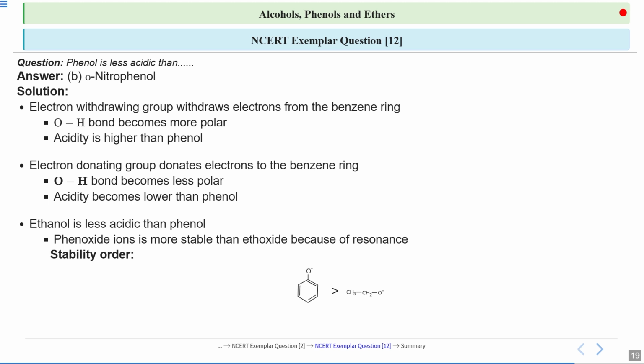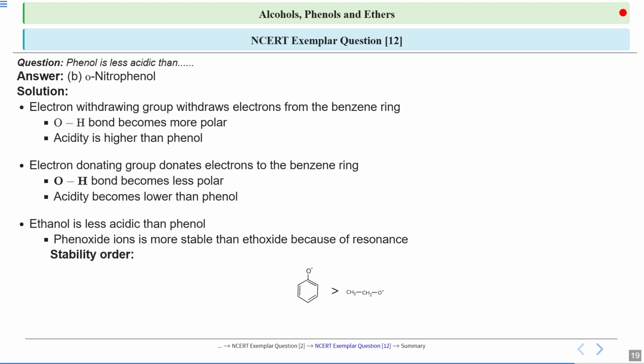So if you can see, this is the stability order between the phenoxide ion and the ethoxide ion. The phenoxide ion is more stable than the ethoxide ion, due to which ethanol is less acidic than phenol, because phenol will lose its H positive and become phenoxide ion, and it is also stable comparative to ethoxide ion.